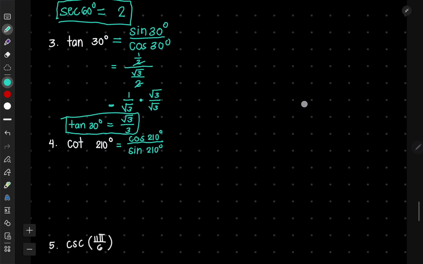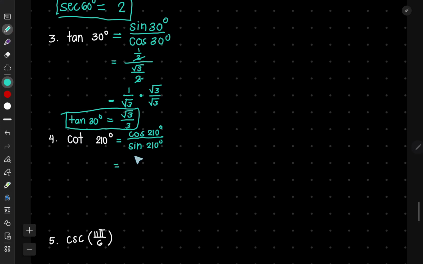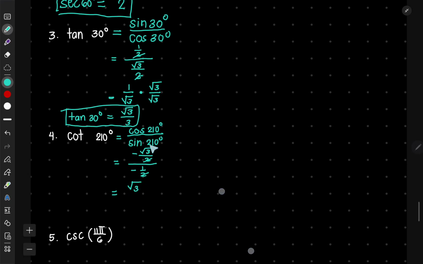So, here, let's substitute. So, we have negative square root of 3 over 2 all over negative 1/2. They are both negative, so that becomes positive. And again, we can cancel out the 2, and what remains would be just square root of 3. So, square root of 3 over 1. So, that would be your cotangent 210 degrees.